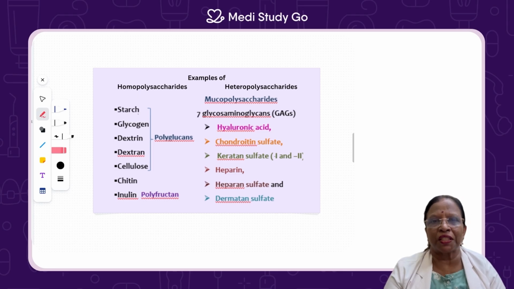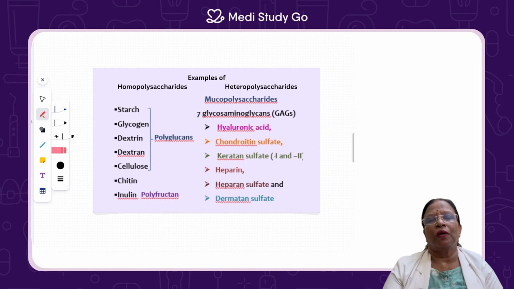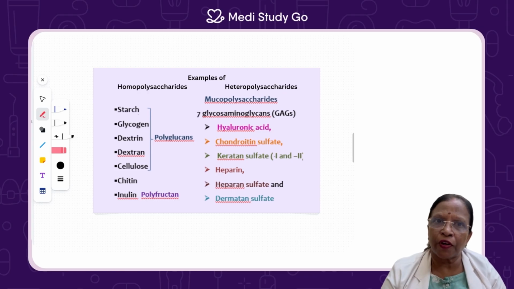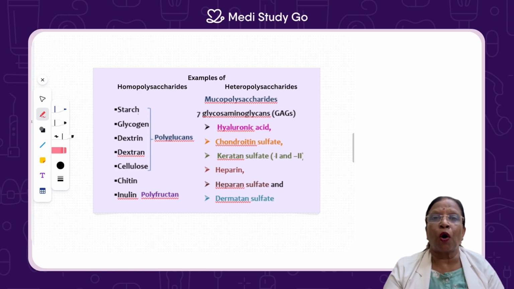On hydrolysis, they give rise to only glucose units. Chitin, on the other hand, is made up of a derivative of glucose, N-acetyl glucosamine, but still it is a polymer of a derivative of monosaccharide. So it comes under homopolysaccharide. It gives only one type of derivative of monosaccharide on hydrolysis. Inulin is made up of only fructose and is said to be a polyfructan.